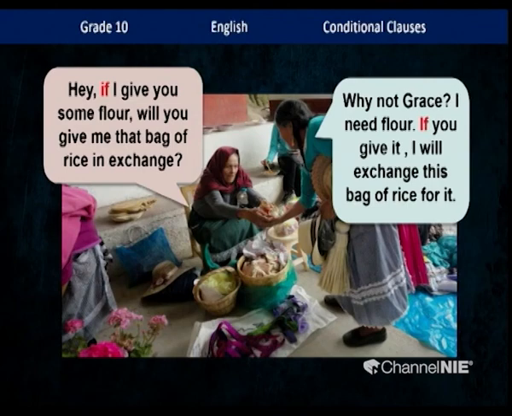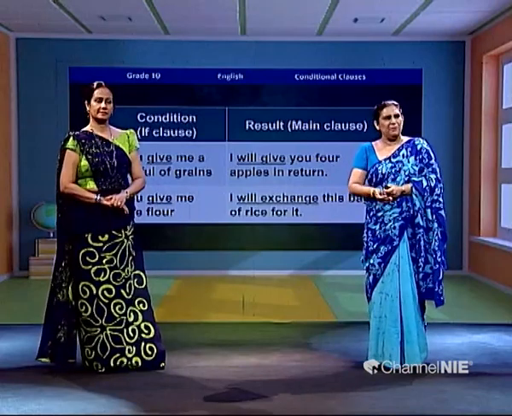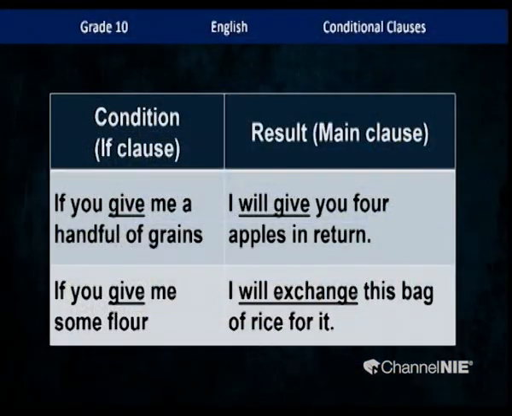Right. Now let us see those sentences, children. If you give me a handful of grains, I will give you 4 apples in return. So you can see one sentence has begun with if. So we call that the if clause. That is the condition. If you give me a handful of grains, I will give you 4 apples in return.